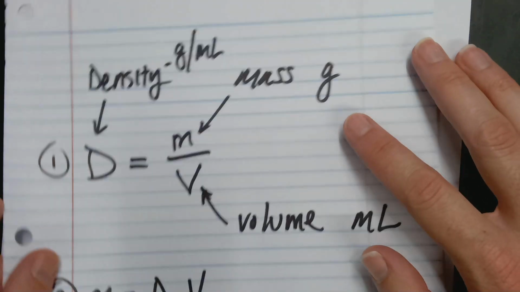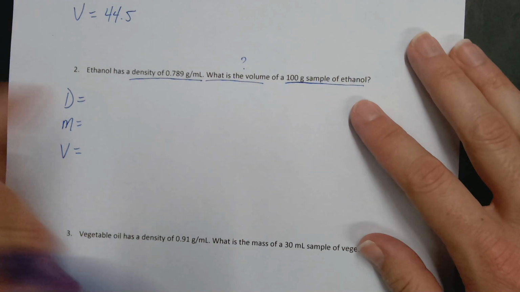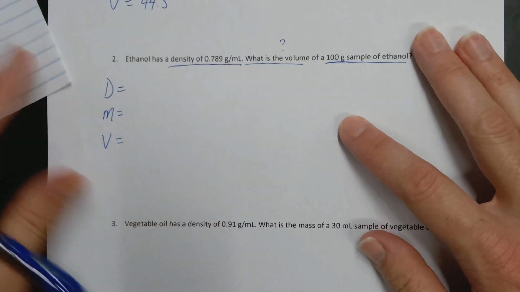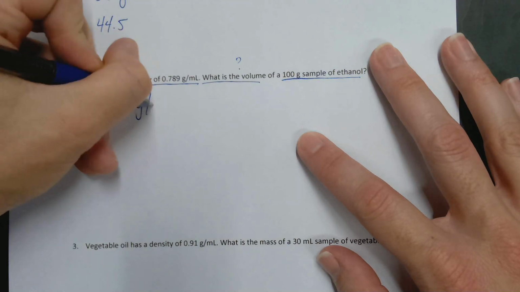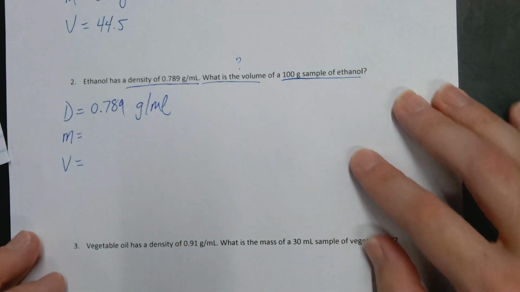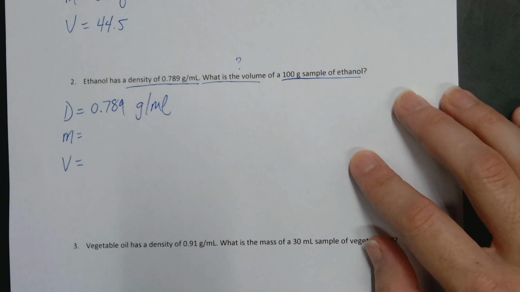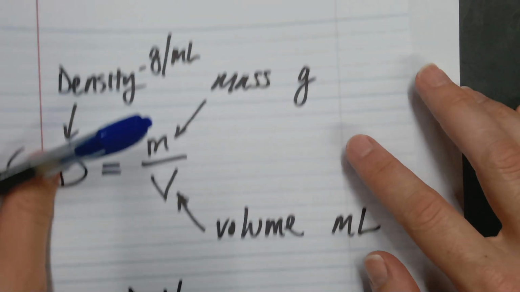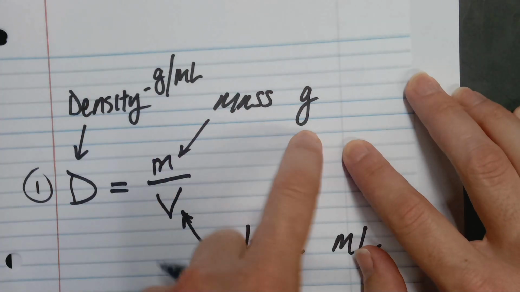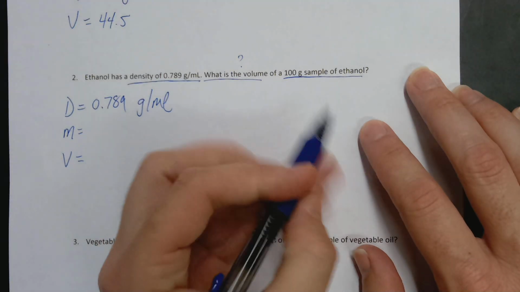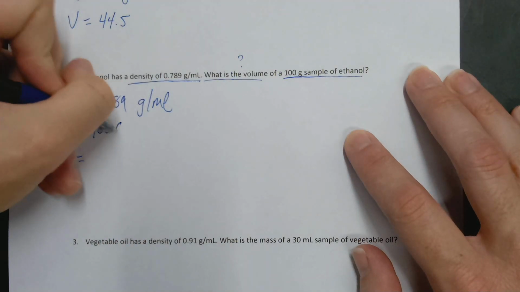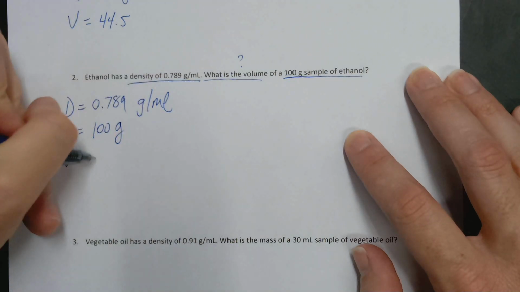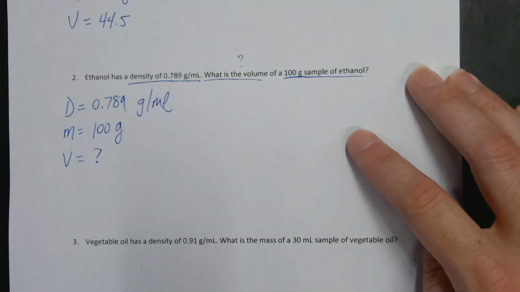If you recall, density is in grams per milliliter, and they give us the density, 0.789 grams per milliliter. Mass is measured in grams, and they give us that we have a 100 gram sample. So 100 grams is going to be our mass, and the volume is what we need to figure out here.